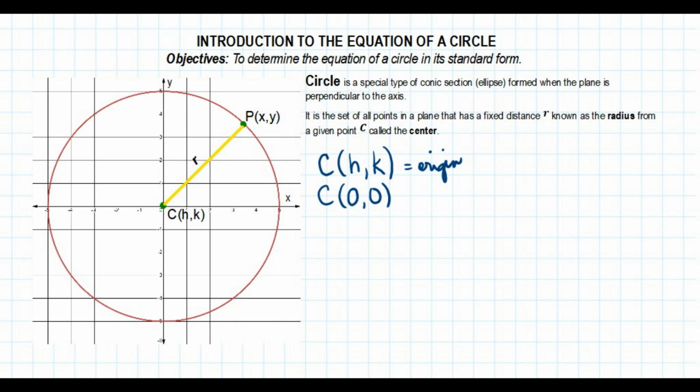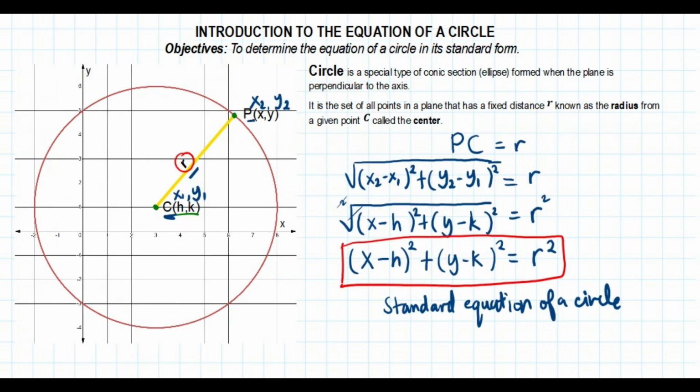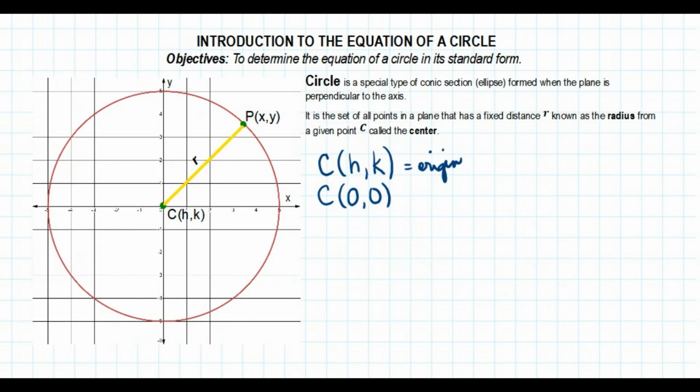And since 0, 0 siya, we will use the distance formula, di ba? Balikan natin. Ito yung standard equation of a circle. We will rewrite the sum of the squares of x minus h and y minus k equals r squared. Ano mapapansin ninyo sa h and k? They are equal to 0.